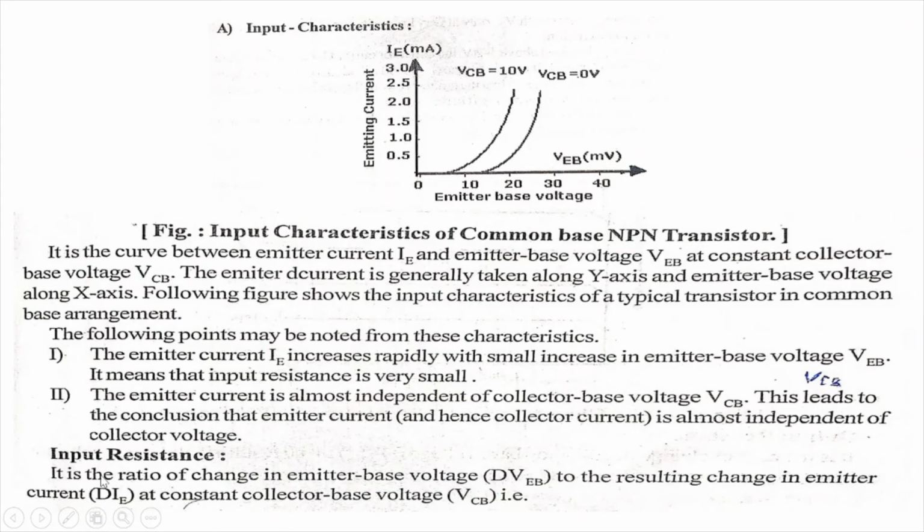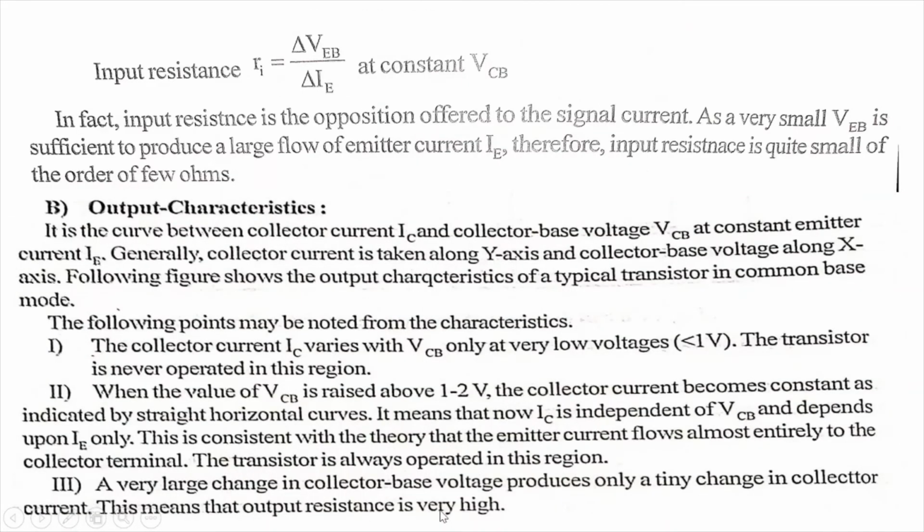Now input resistance, it is the ratio of change in the emitter base voltage to the resulting change in emitter current at constant collector base voltage VCB, that is input resistance Ri equal to delta VEB upon delta IE at constant VCB.